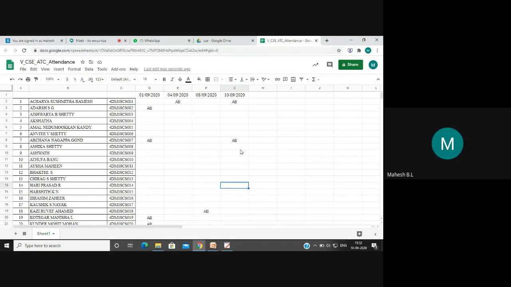Hariprasad. Rashid. Akshit. Ibrahim, present, sir. Kaushik, present, sir. Qazi. Anisha, present, sir.